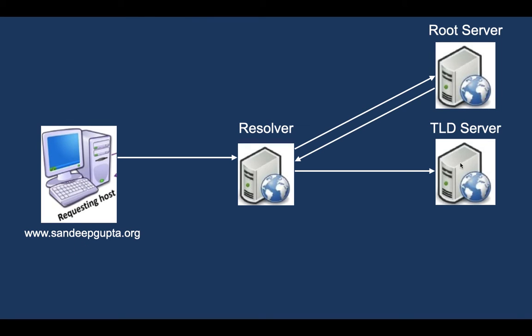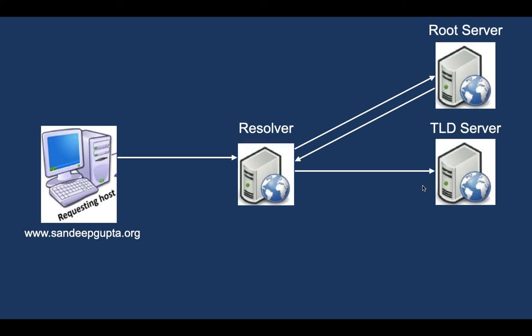So now the resolver will ask the TLD server, do you have the IP address of this website? By the way, this TLD server will give you information only about those websites whose ending is .org. Once again, to your disappointment, the TLD server will also not have the IP address of any specific website.